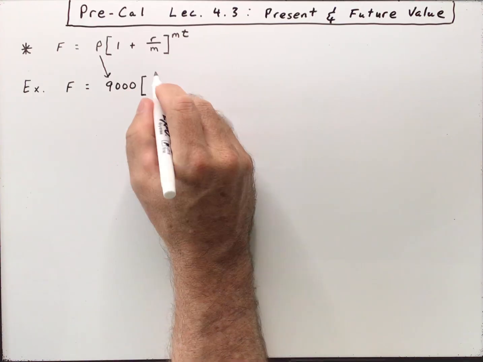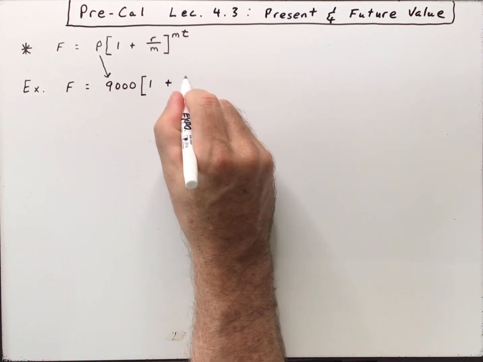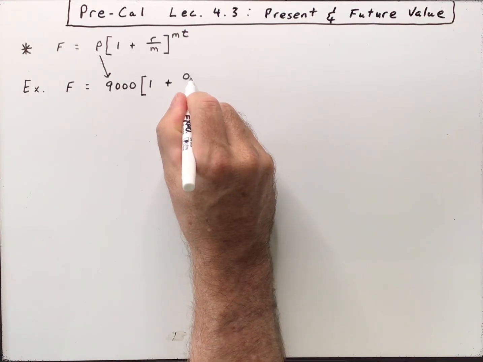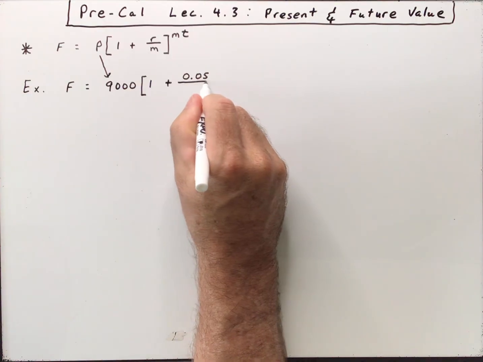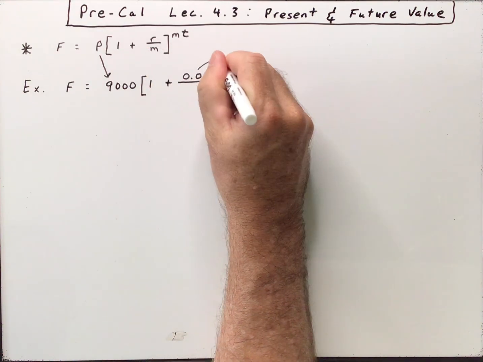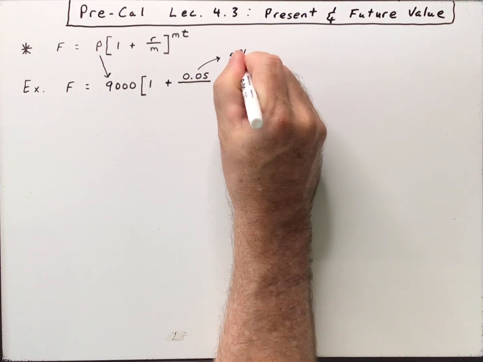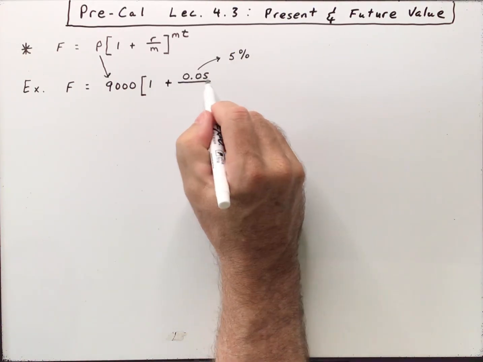We're going to multiply that by 1 plus. Now the interest rate is 5%. We have to convert that to a decimal number, 0.05. Okay, so we're right here in the equation, the R. That's the same as 5%. So we've got to divide 5 by 100 to get 0.05.